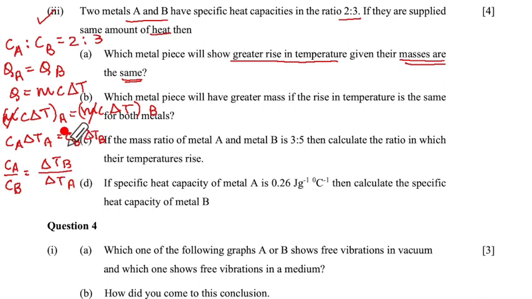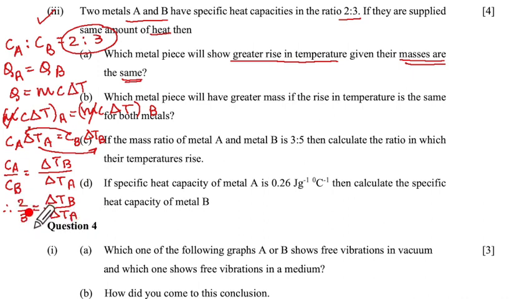So you will see that we have brought Cb here and delta T this side. Okay, so when it changes the side, this multiplication becomes division. Now Ca upon Cb we know is 2:3. So we will say therefore 2 upon 3 is equal to delta Tb upon delta Ta.